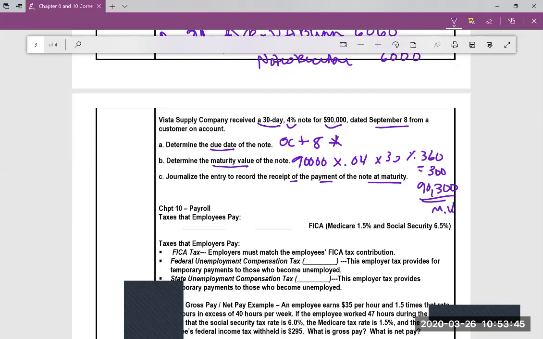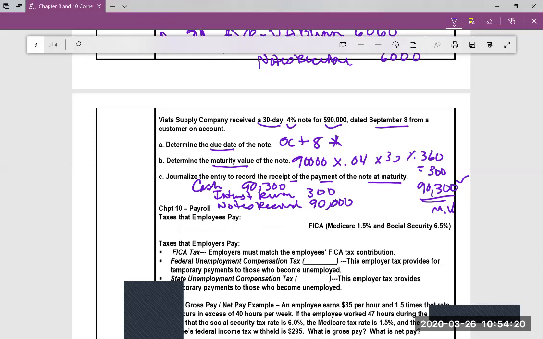So when we journalize the entry to record the receipt of the payment, what we have received from them is 90,300. So cash received is 90,300. Interest revenue is 300. And then we would credit out the notes receivable face amount, 90,000.